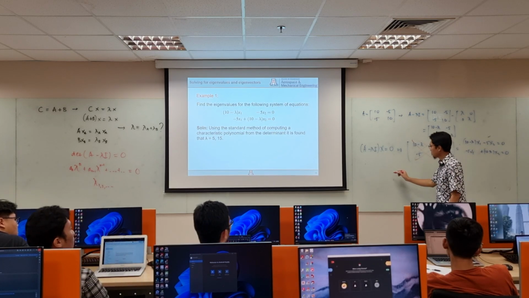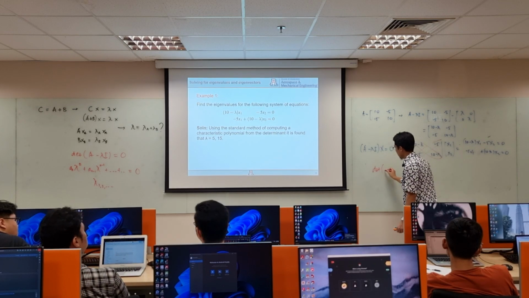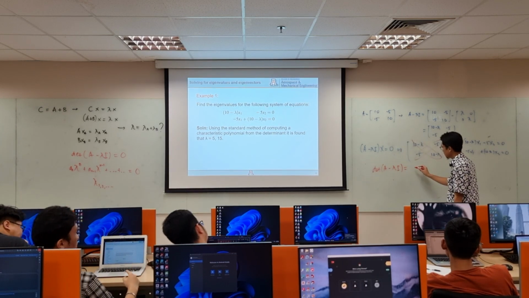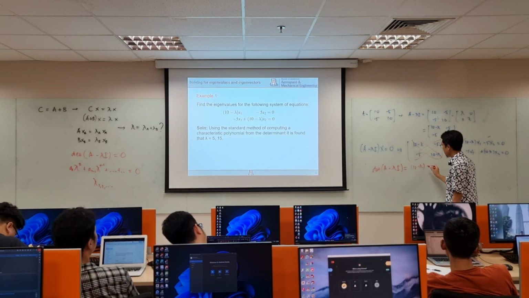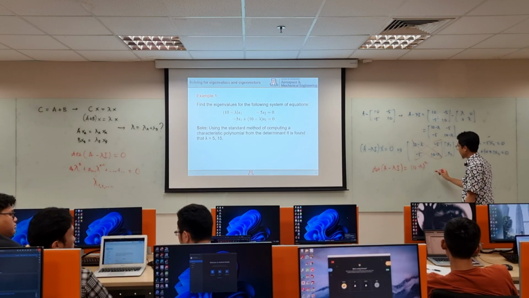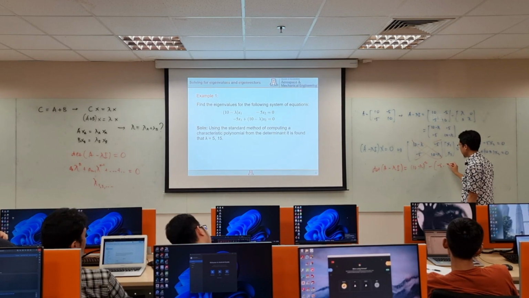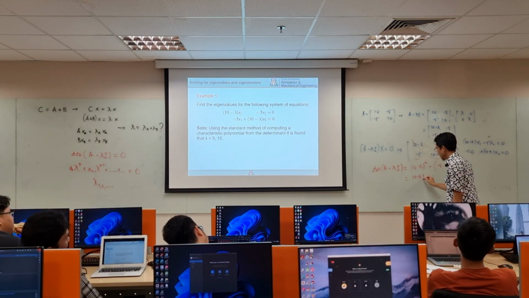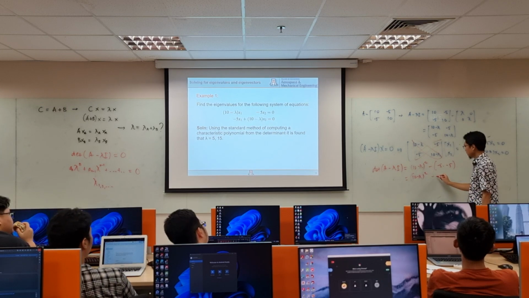So the determinant of A minus lambda I in this case is (10 minus lambda) squared minus (minus 5 times minus 5), so minus 25.